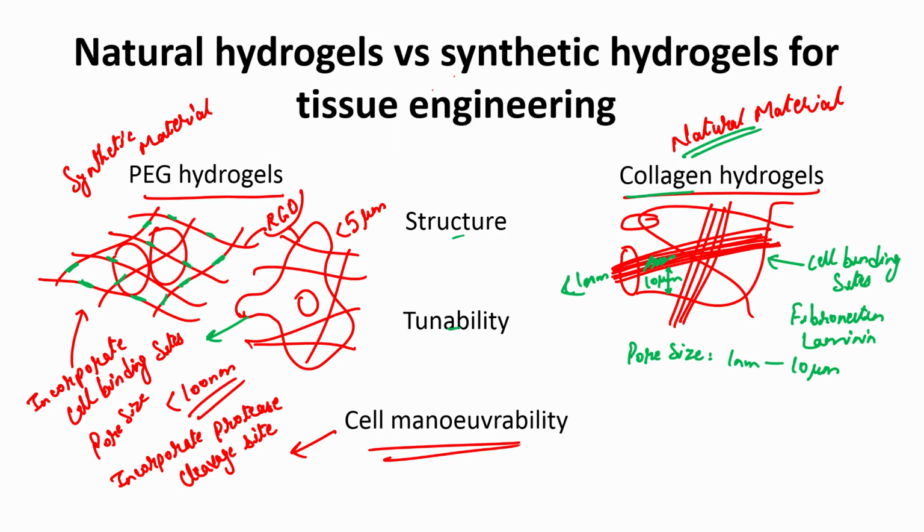The cells can come and deposit more collagen, and that collagen will then interact with the collagen that is already present, and so the cells can move around easily. Cells can remodel the network easily.